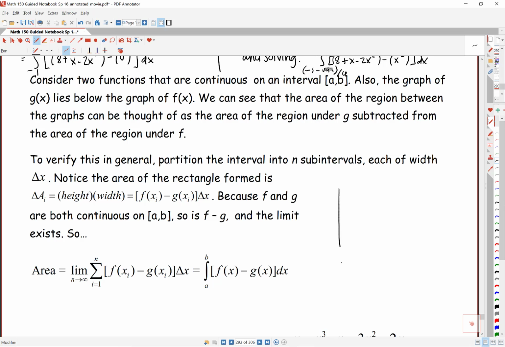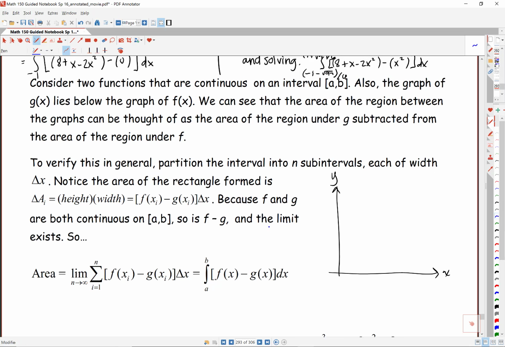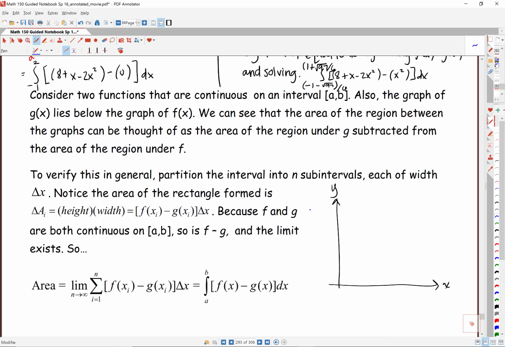Okay, so let's say we have y here, and we have our x-axis here. And suppose we have some curve, call it f, that looks like this.